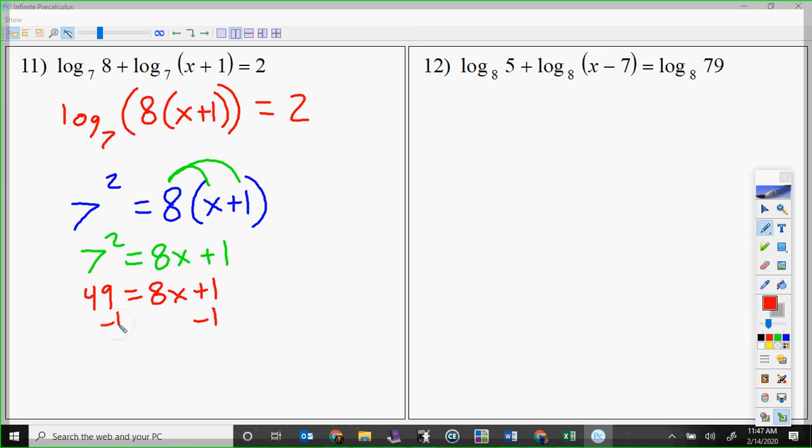Subtract 1. 48 equals 8x. Divide by 8. I know 8 goes into 48 six times, so x equals 6.